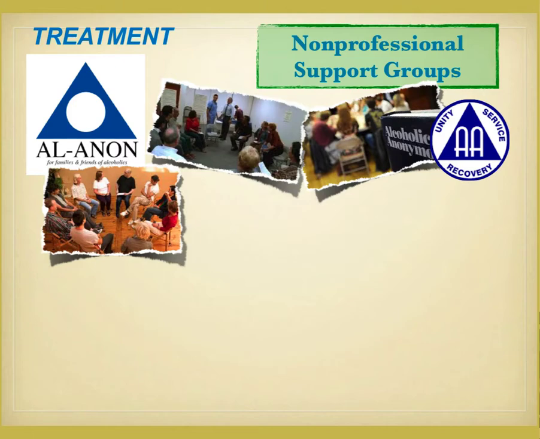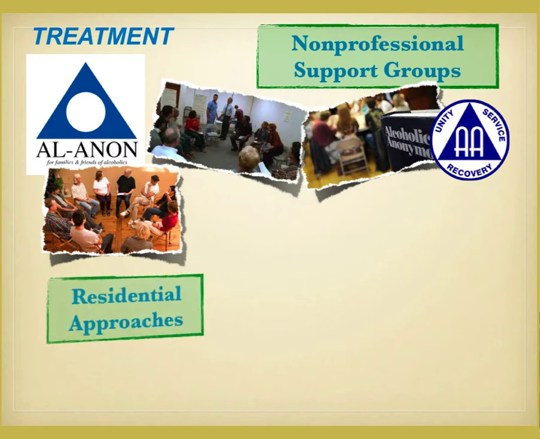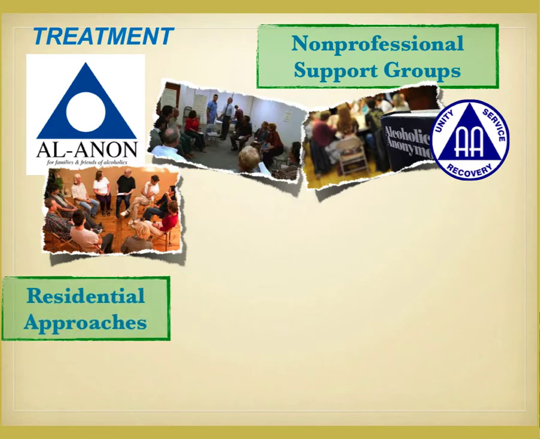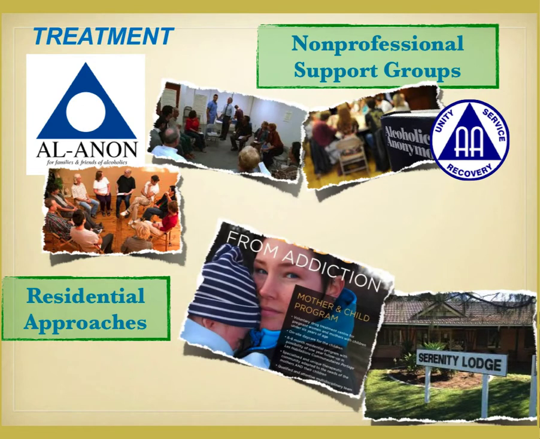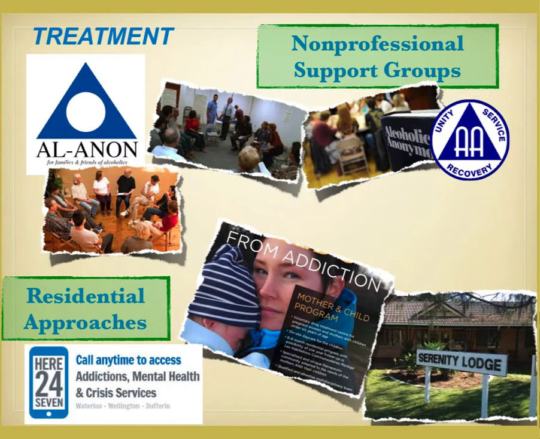Alternatively, many people have chosen instead to take a residential treatment approach. This includes hospitals and therapeutic communities. The non-professional support groups are non-professional, but they are also free. Residential approaches are with professionals, are more monitored, and are often costly.